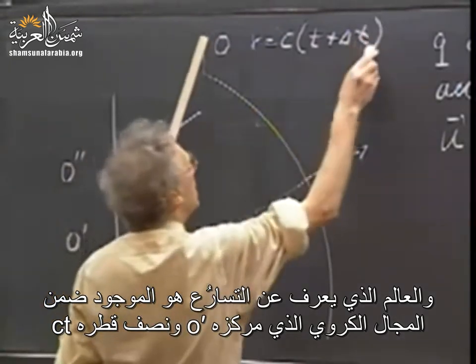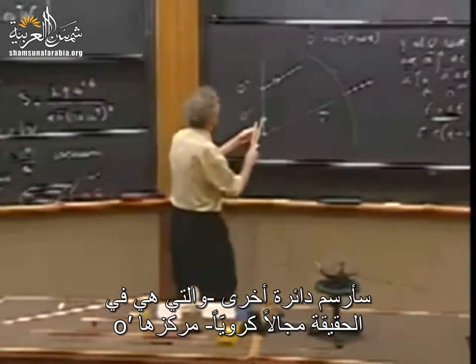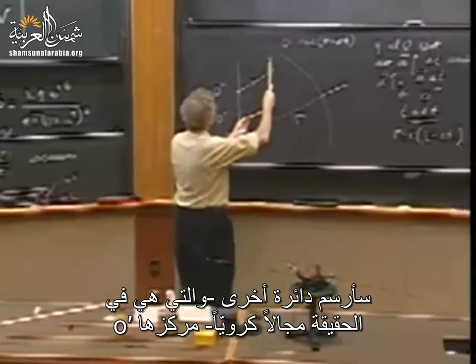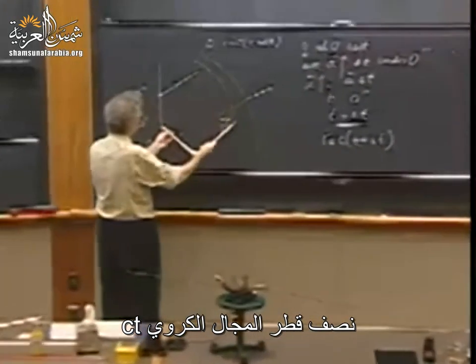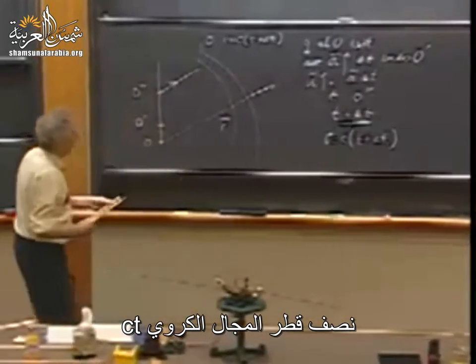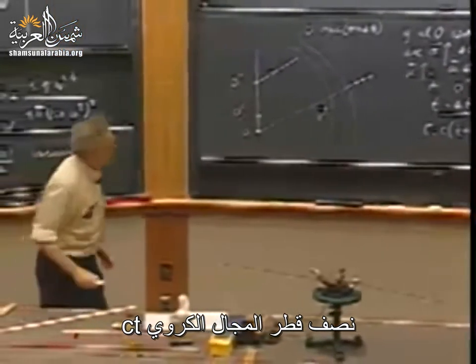outwards. And the world that knows about this is the world which has a sphere around O prime with a radius c times t. And so I'm going to draw another circle, which in reality is a sphere, about point O prime. This sphere here has now radius ct.